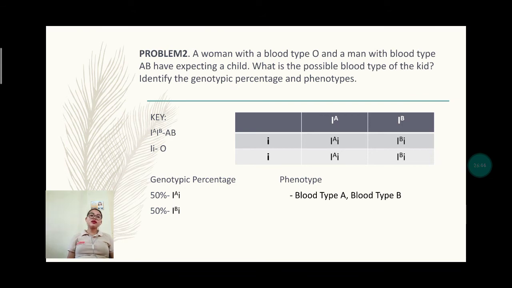So if we see on the table, the genotypic percentage is 50% blood type A and 50% blood type B. So if a woman with blood type O marries a man with blood type AB, they are expecting a child with the probability of 50% blood type A and 50% blood type B.